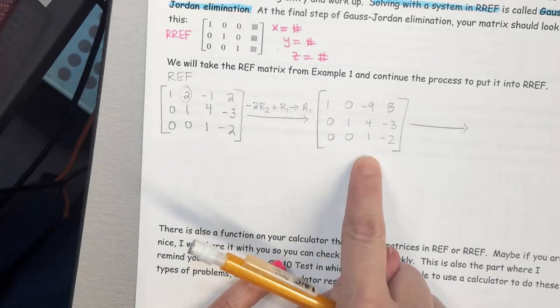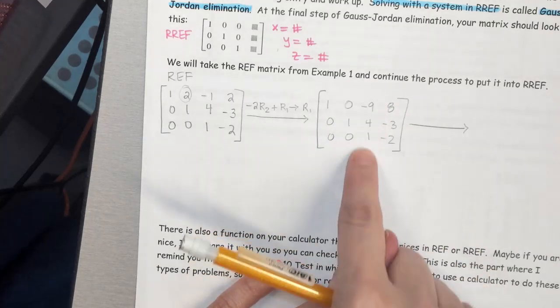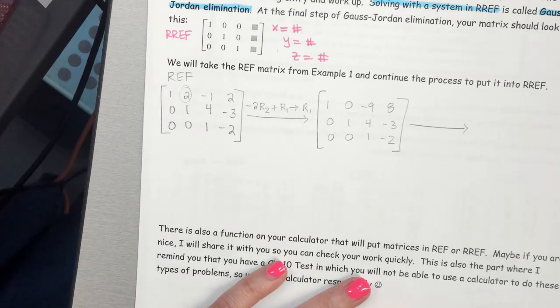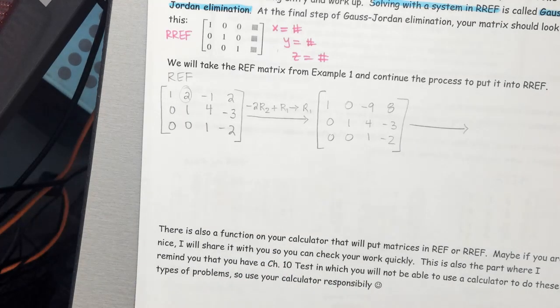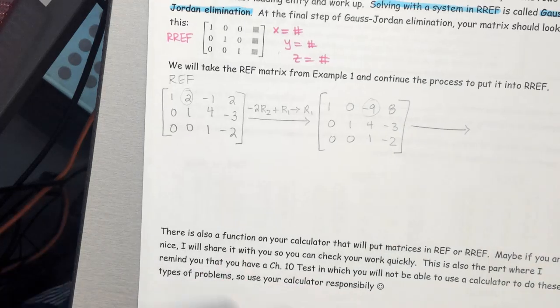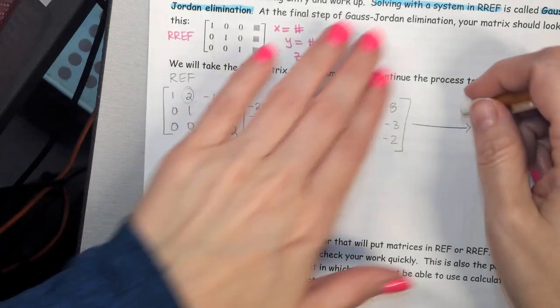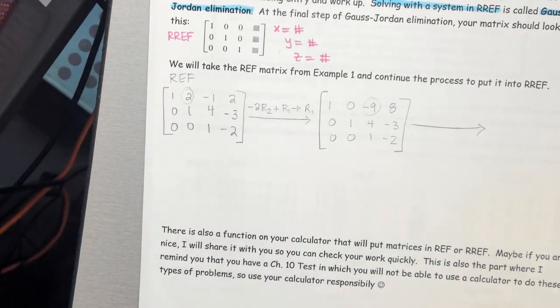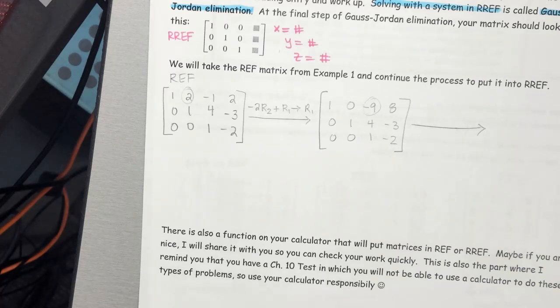If this is in column 3, you're going to use row 3 because this is your leading 1 value. We want this to be 0, so we'll do that first. Think about how you want to do that, and then write that down here. You always want to use a multiple.